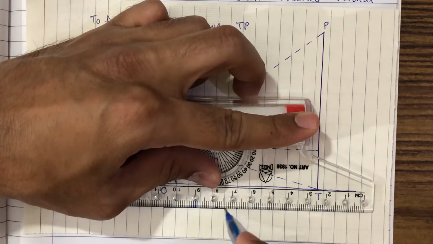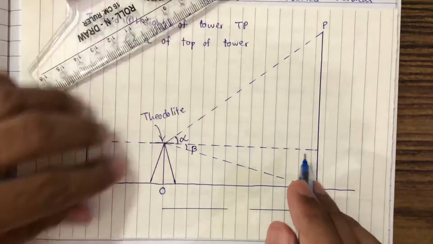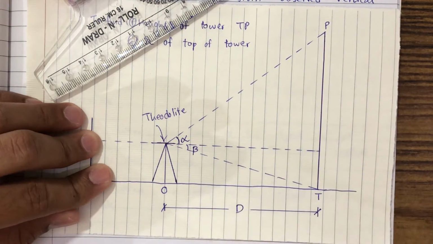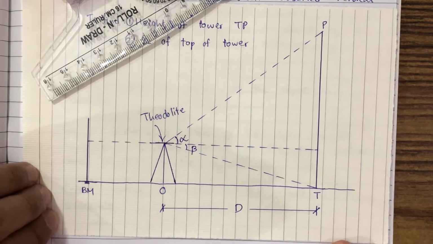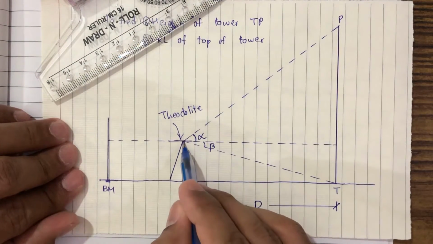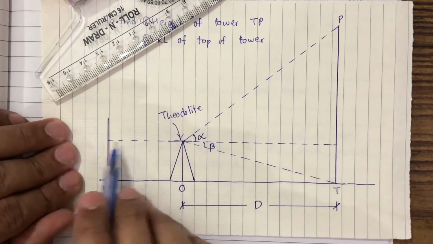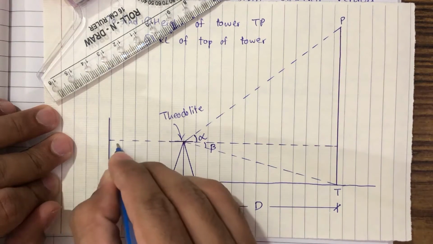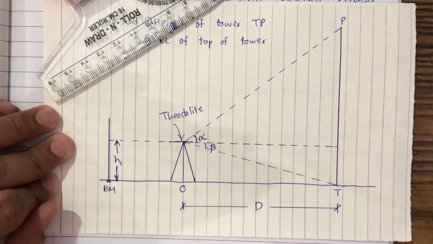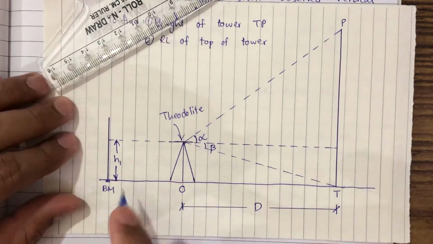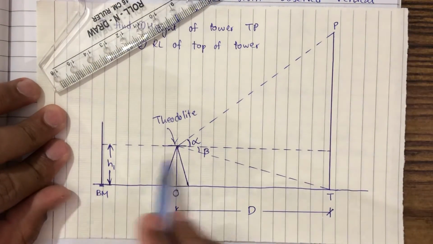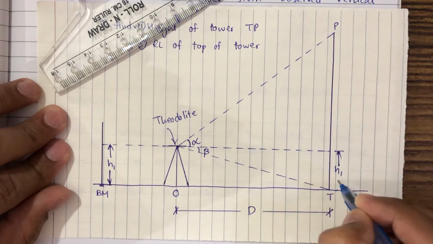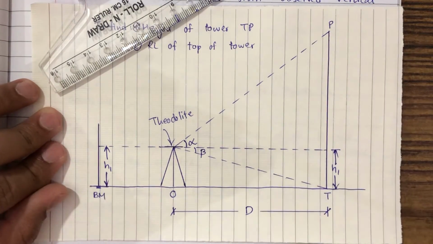The horizontal distance between the tower and the theodolite station, let it be denoted by capital D. Also, the first reading taken on the benchmark, let this reading be H1. Obviously, this reading should also be equal to H1.